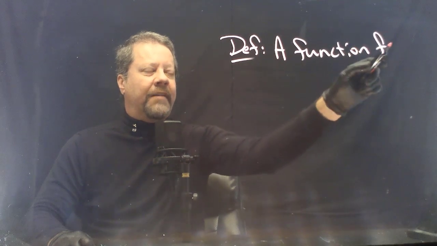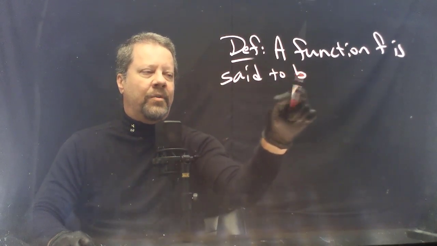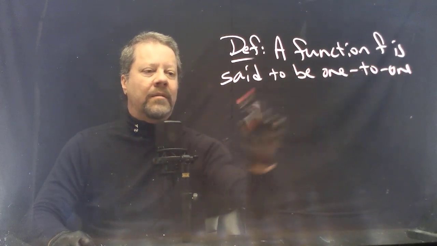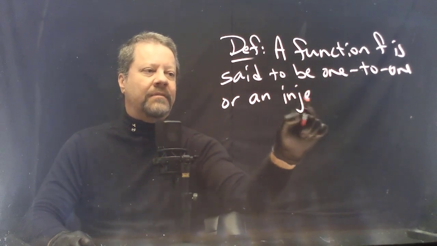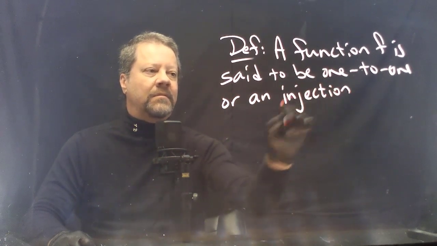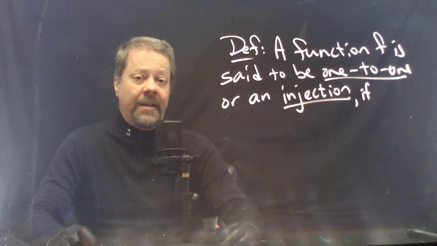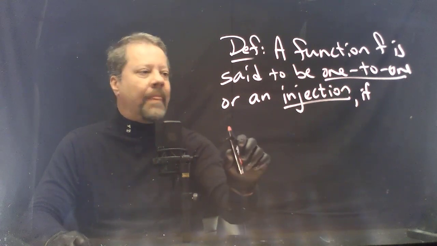A function f is said to be one-to-one or an injection. Those will mean the same thing if the function satisfies the horizontal line test.